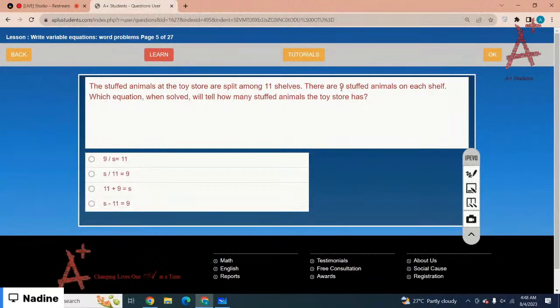And there are 9 stuffed animals. You don't know the total toys, right? So, for example, the total toys are S. You divided them on the 11 shelves and you are left with 9. So, it would be S divided by 11 equals 9.